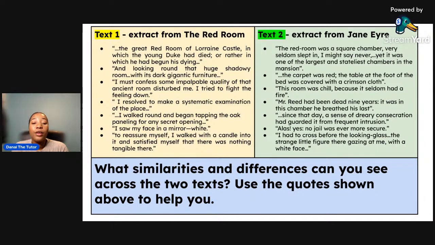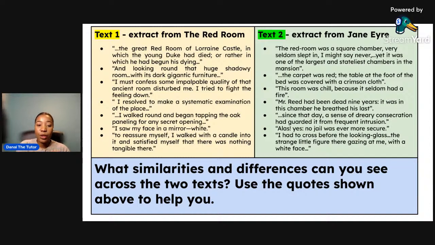So now we're going to start adding more detail. We've got a clearer overview of some of the differences and similarities. They're both first person narration texts. However, one narrator is coming across as more oppressed within this unfamiliar environment, whereas the narrator in text one is freer.